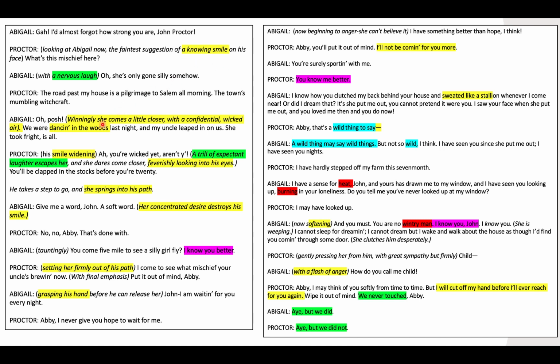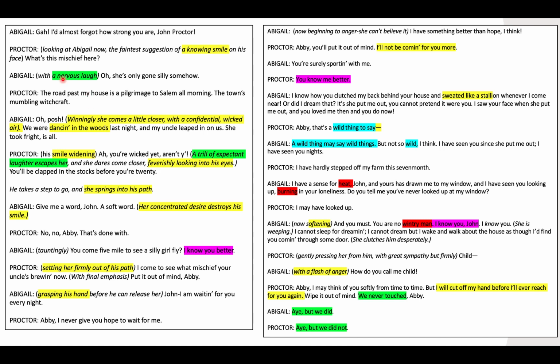And then I also pointed out down here that we go back to this idea of his smile, and his smile is widening. So I thought maybe later on I'll be able to link those two together and show that not only does he have a knowing smile, knowing suggests something about the desire that they've both shared, it suggests something about their relationship and maybe the sin that they've committed, but then also his smile widens in response to her. Again, it shows us something about their relationship.